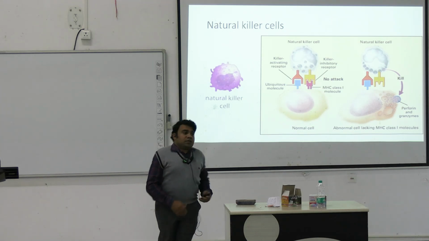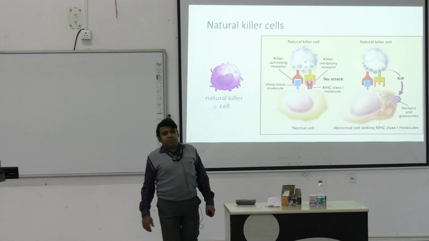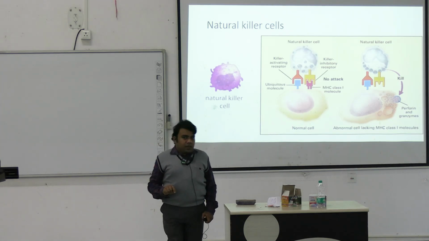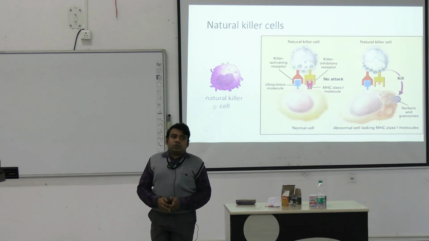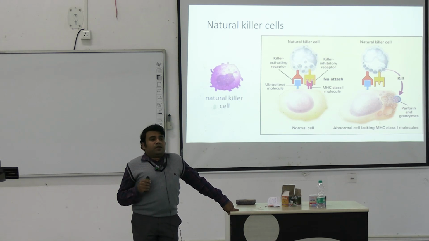So now the natural killer cell will come and it will fail to recognize the MHC pattern on this infected cell, and then it will lead to degranulation of this cell or killing of the cell. This is one of the ways, especially in viral infections and in malignancies, that these cells are destroyed. Okay.